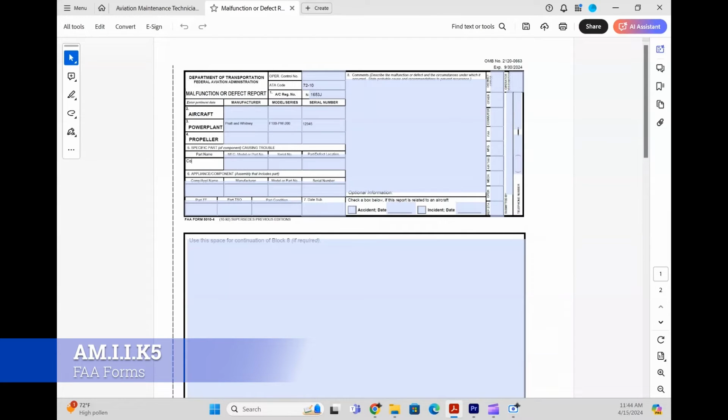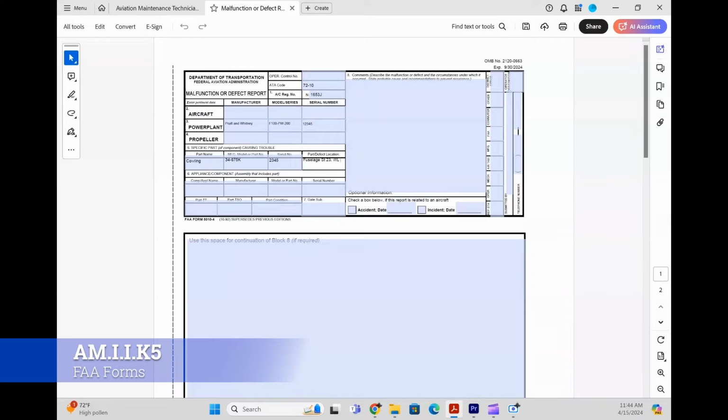Okay, then we're going to drop down here to the part that's actually causing the problem. That's going to be a cowling. There's our part number. We're going to put the serial number in, and then we're going to give it a location. Now, if you look in the AC, it'll just say like, left hand, right hand, or something like that. But we want to be a little bit more professional. We want to kind of train ourselves to be good aircraft mechanics on heavy commercial aviation.